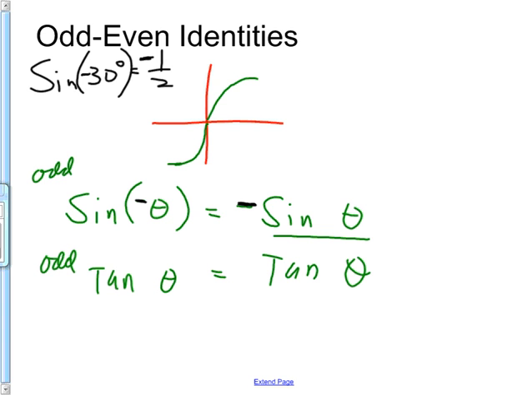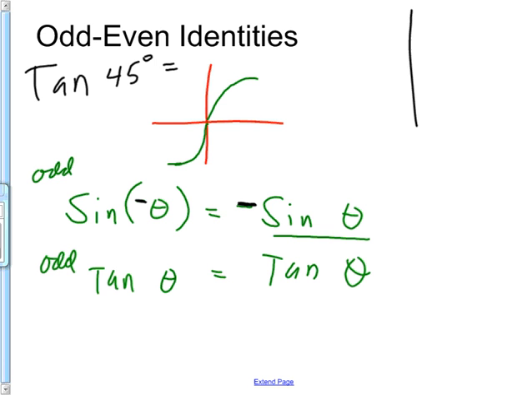What do you think if I just said that the tangent acts the same way, then if tangent of something, let's say tangent of 45, I think I know that one. You guys know tangent of 45? Tangent is sine over cosine, right? And I'm thinking of the unit circle right now, and that point, root 2 over 2, comma root 2 over 2.